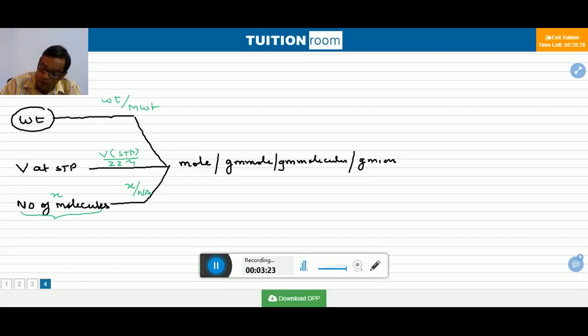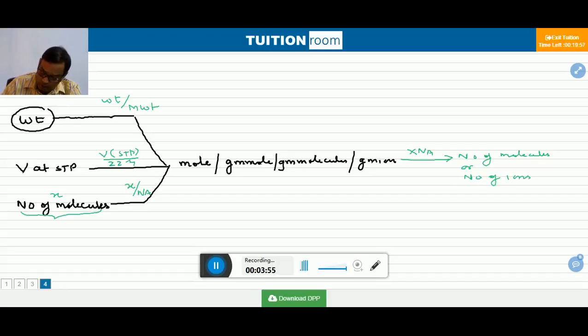Now, mole is given. You multiply by Avogadro number, because one mole having how much units? Avogadro number. So into Avogadro number, you will get number of molecules, or in case of gram ion you will get number of ions.